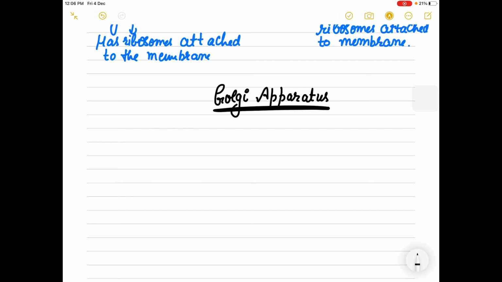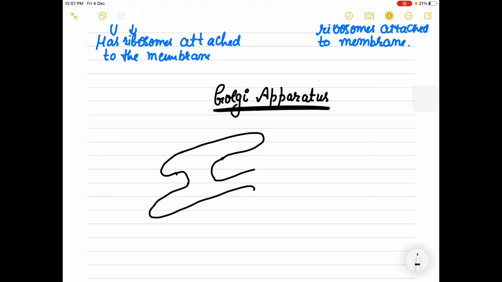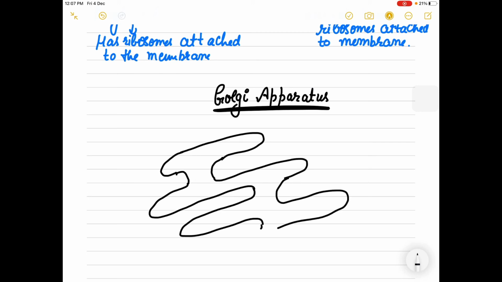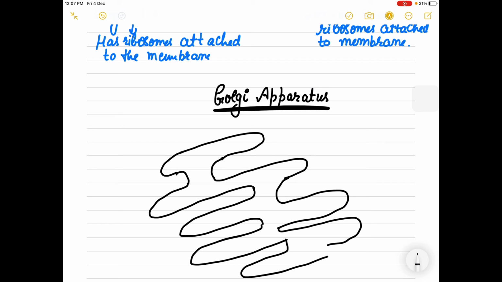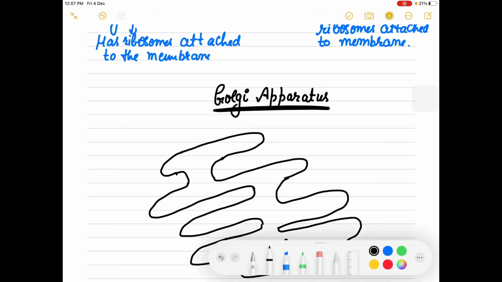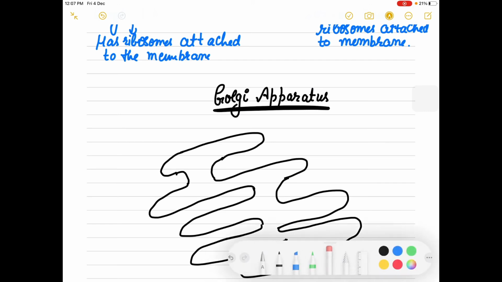First, let's look at the structure. Whenever we draw the structure, we always draw it like, see, this is interconnected. This kind of structure you have to draw for the Golgi bodies. So let's make it more clear.